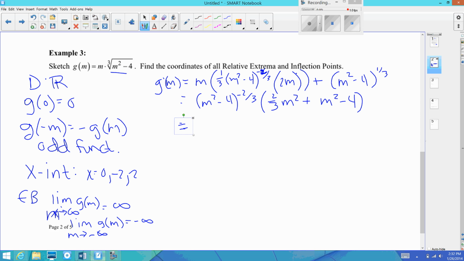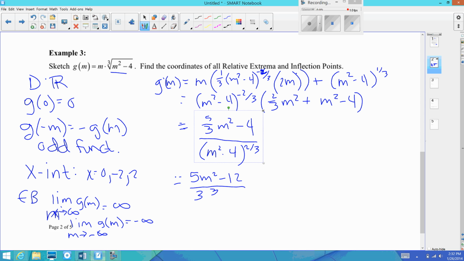Let's see, 2/3 m squared plus 1, or 3/3 m squared, gives us 5/3 m squared minus 4, all over m squared minus 4 to the 2/3 power. All right, I can multiply both parts by 3, just because I don't feel like dealing with fractions right now. And if I feel like writing this, it'll be m squared minus 4, quantity squared, and then cube root of all that.